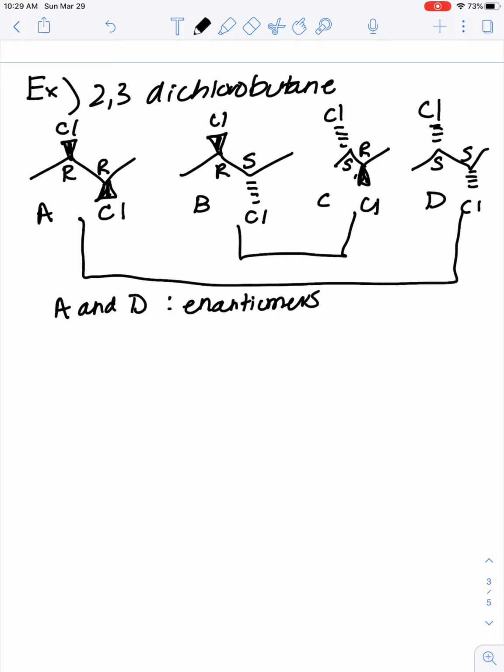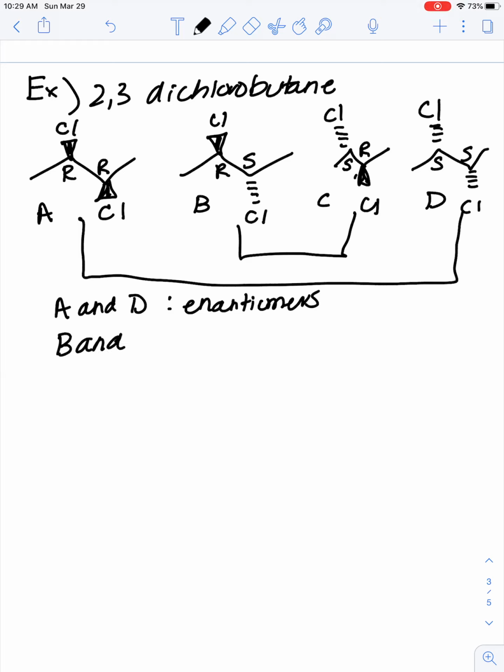We have RR configuration and SS configuration, and when we're switching the configuration from R to S, that indicates that they are enantiomers of each other. No matter how many stereocenters you have, all those stereocenters have to flip to be an enantiomer. So again, A and D would be considered enantiomers.